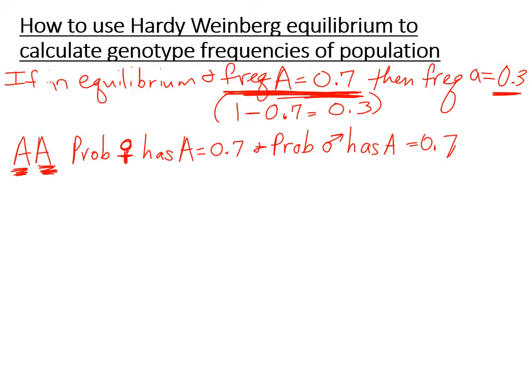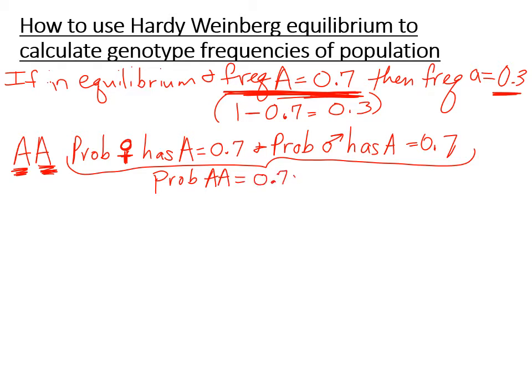Okay, so that tells you that the probability of a zygote having that genotype, capital A capital A, in that population would be 0.7 times 0.7, which is equal to 0.49, or you can say 49%.